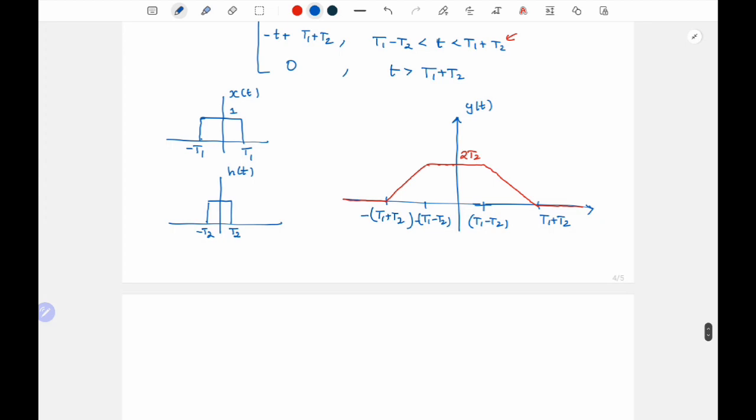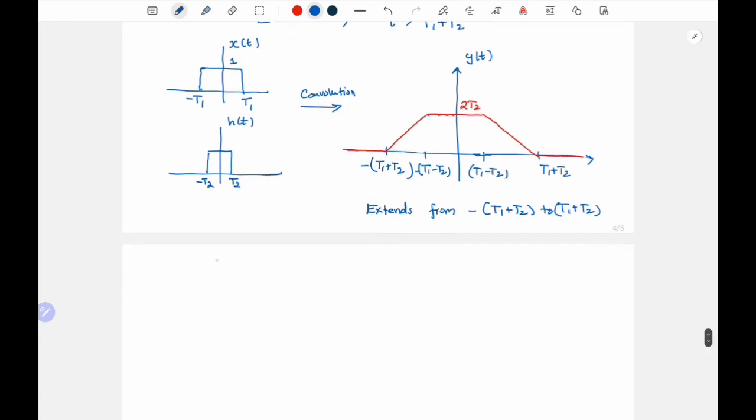So if you see y of t, the convolution, y of t extends from minus of t1 plus t2 to t1 plus t2.